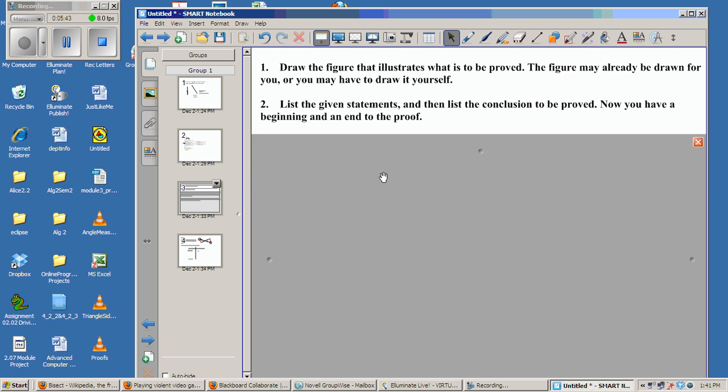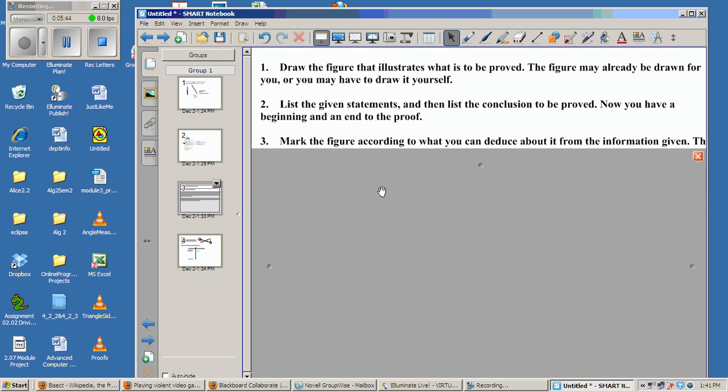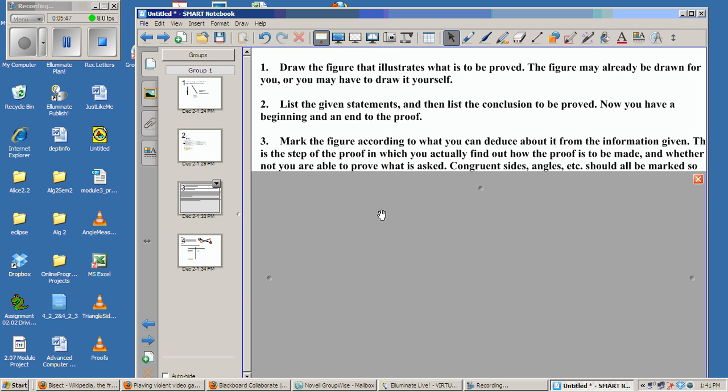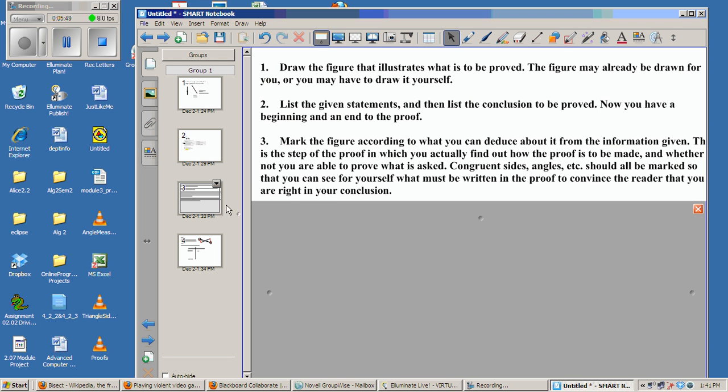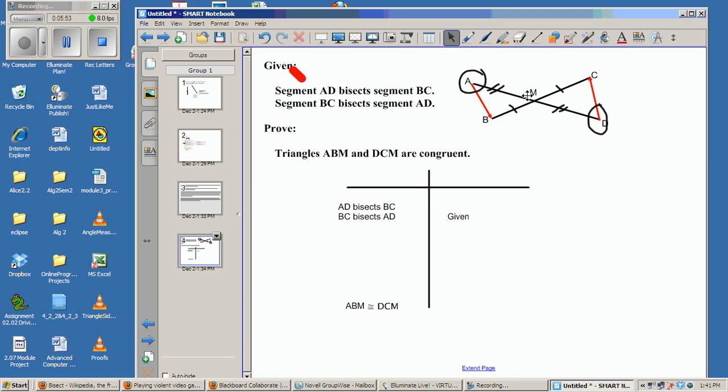Okay, the next thing I do is I start making the figure and looking at it in a way that's going to help me get to that conclusion. So I'm going to look at what I do know. So there are some things that I do know, and I'm going to start with AD bisects BC. The fact that AD bisects BC tells me that BM and MC, or BM and CM, are the same length.